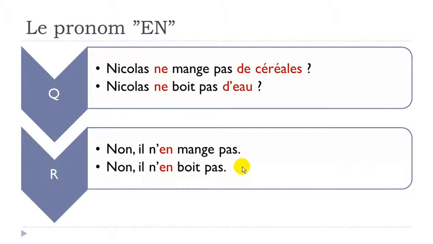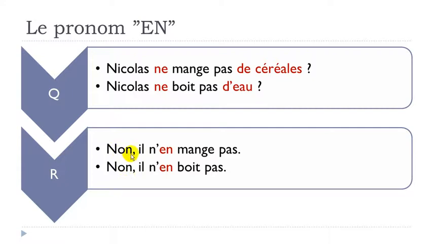Okay, so the concept is still the same. You put your pronoun here and here before your verb, and then as usual in French, normally you should have your ne coming here, but then look, the pronoun is starting with a vowel, it's starting with a, okay, so you should take this a away.